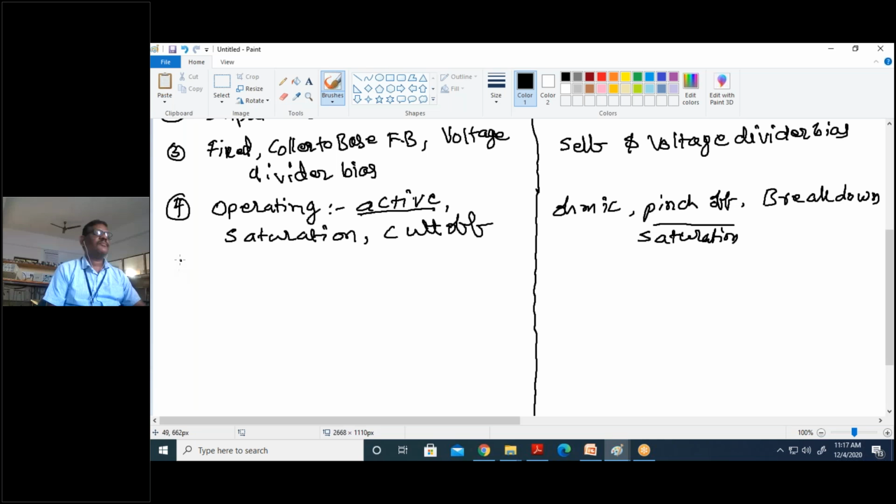Fifth point, thermal runaway. Thermal runaway in BJT occurs at high temperature.